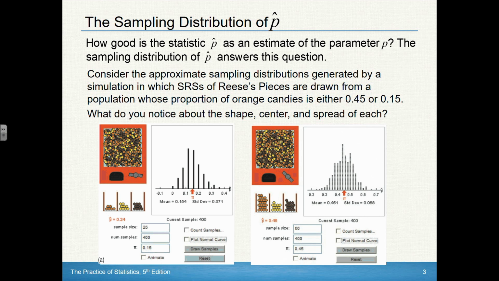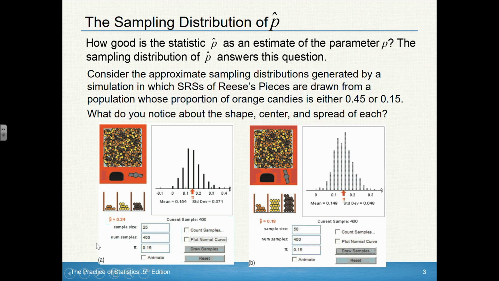Now, if we change it to a p of 0.15, here are the same two ideas. On the left, the standard deviation is 0.071, and on the right it's 0.048. That's also interesting to note.